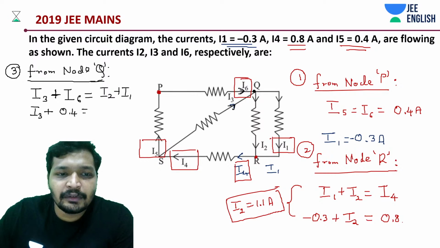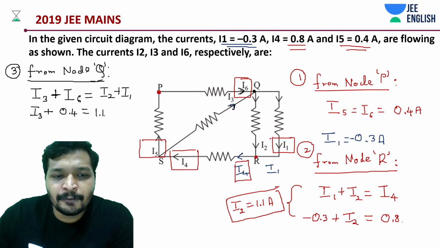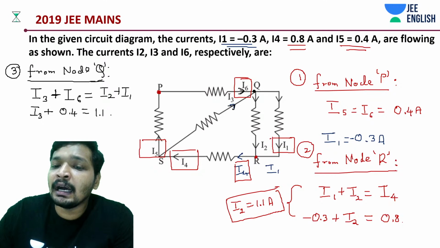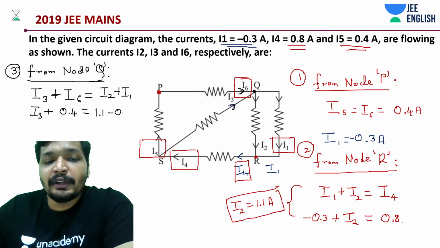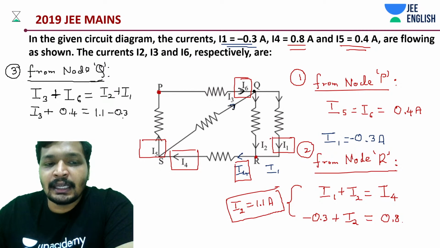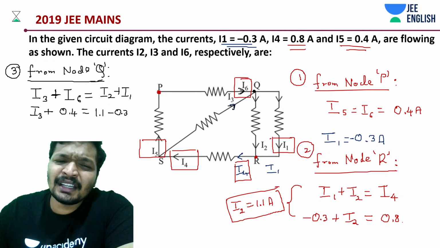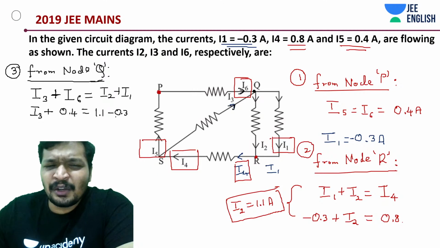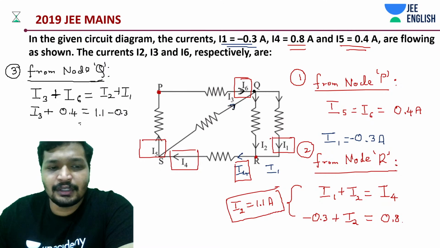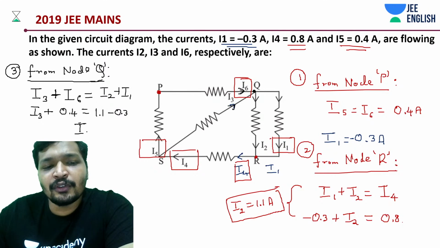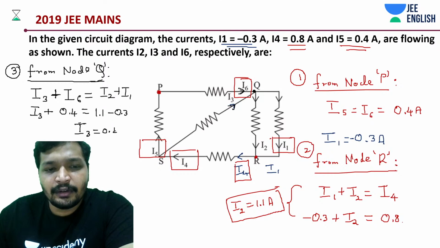And about I2, I2 is going to be 1.1 positive. And how about your I1, minus 0.3. If you're doing this, use this sign correctly. How much are you getting this to be? Like 0.4, isn't it? That's it. I3 came out to be 0.4.